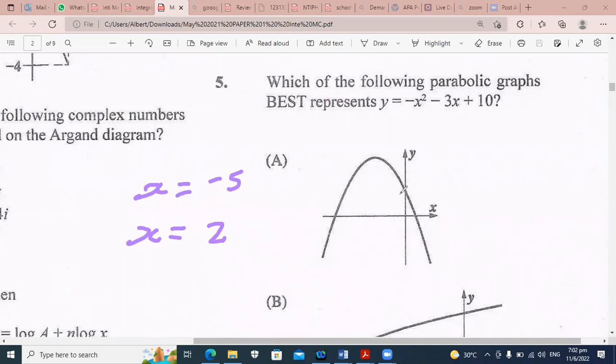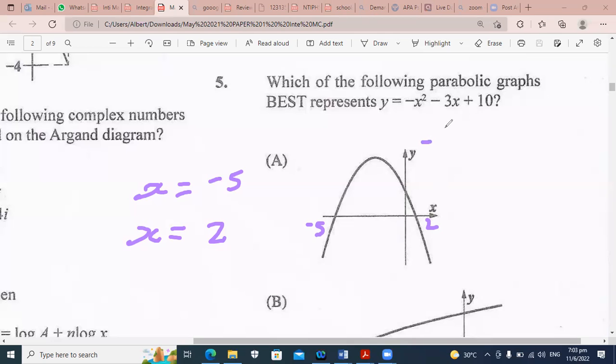Let me ask a question. Those two values are what we call the roots, the solutions. It means that if I put -5 into this formula and 2 into this formula, I must get 0. Let's test it. Let's try 2.